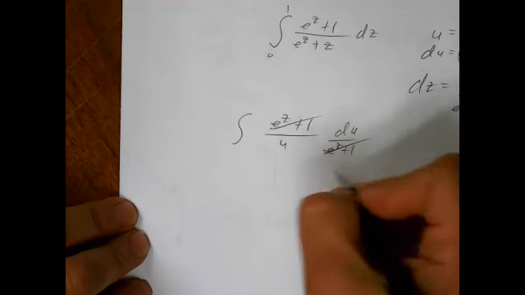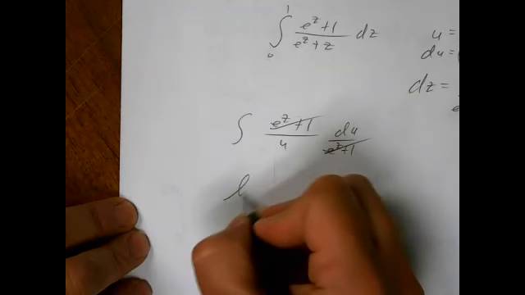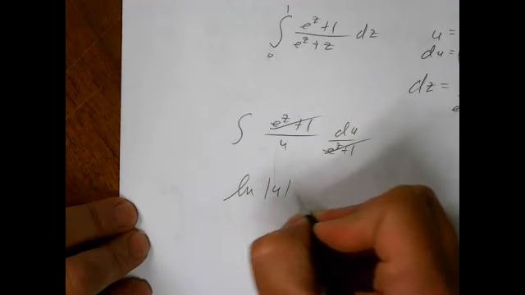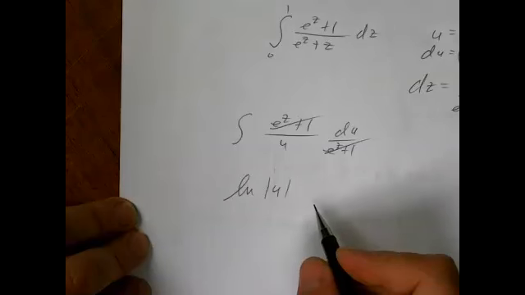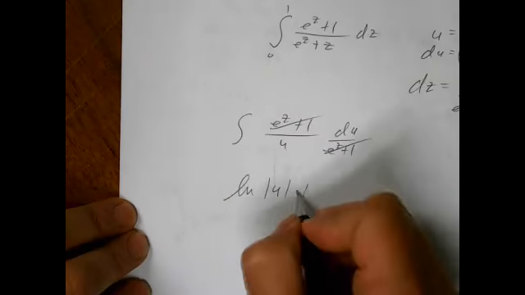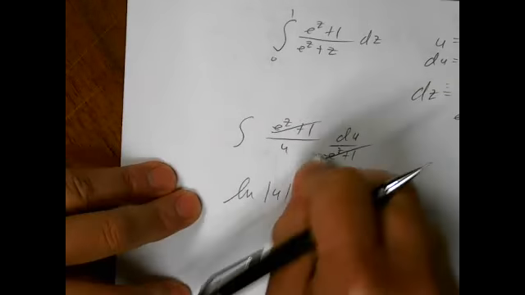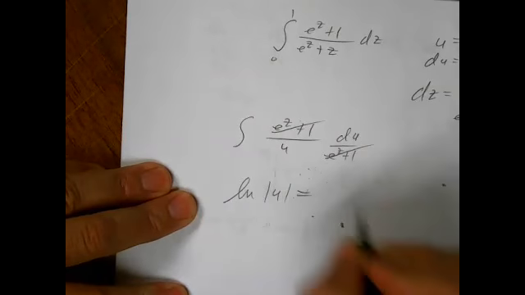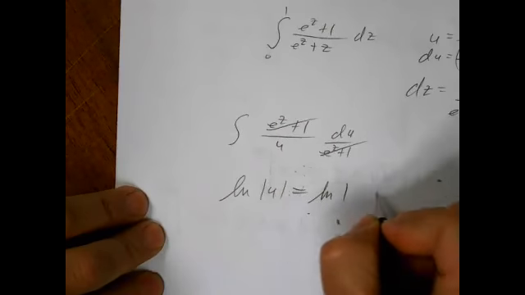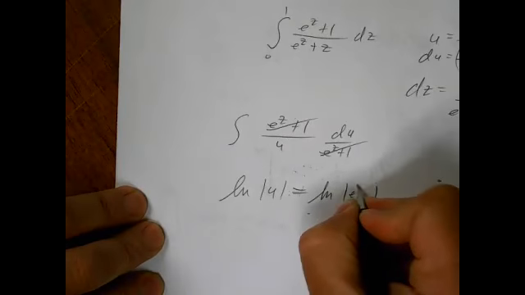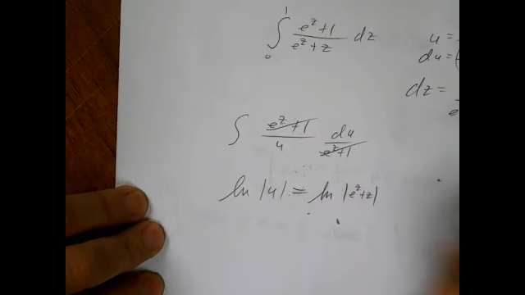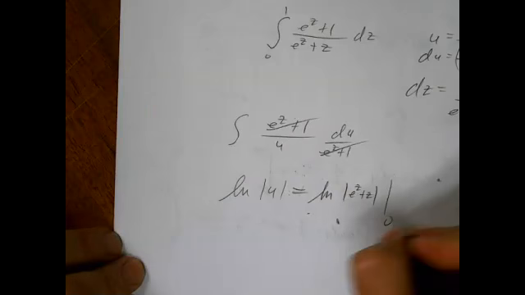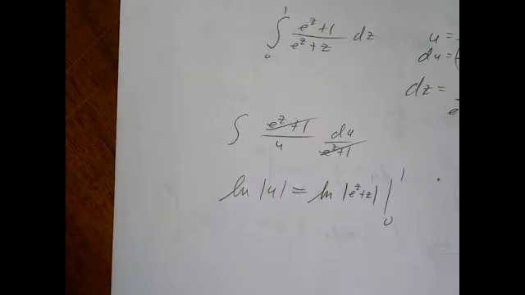When I integrate, what I'm integrating is 1 over u, which is the natural log of the absolute value of u. Notice I'm not putting a plus c on here because this is a definite integral. That's just equal to the natural log of the absolute value of e to the z plus z, and I would evaluate that from 0 to 1.